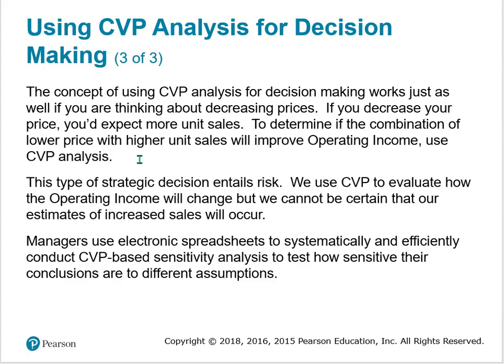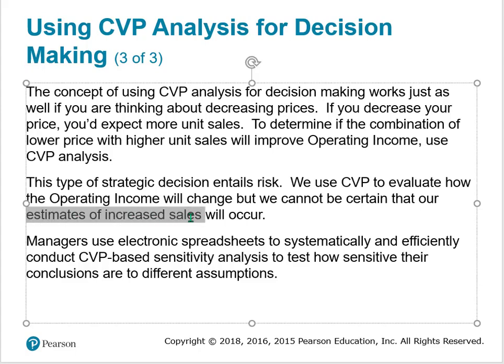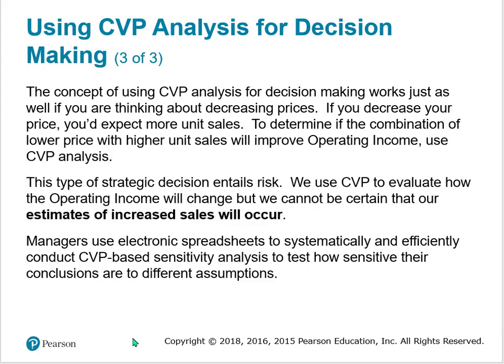We're using CVP to evaluate how operating income changes, but you can't be certain the estimates will occur. The estimates are the big question, and you're usually depending on other pieces of the organization for those assumptions, usually marketing or sales. So you use a spreadsheet, put your assumptions in there, and see how sensitive the results are to changes.